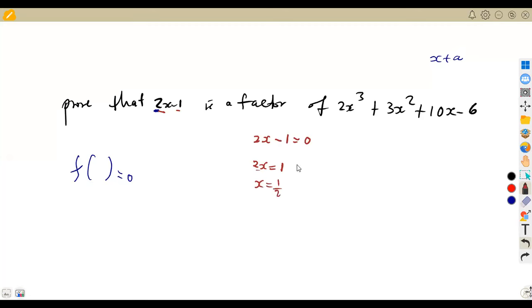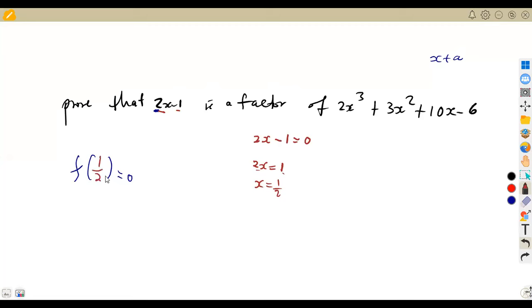So by solving our equation, x is equal to 1 over 2, half. So here we have equated 2x minus 1 to 0, meaning we need f of half.